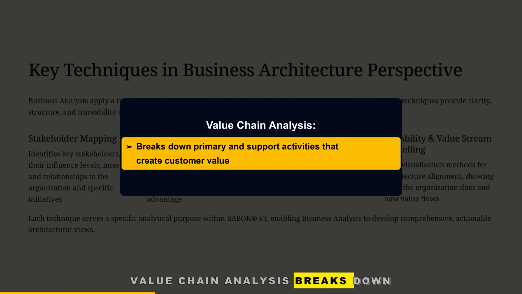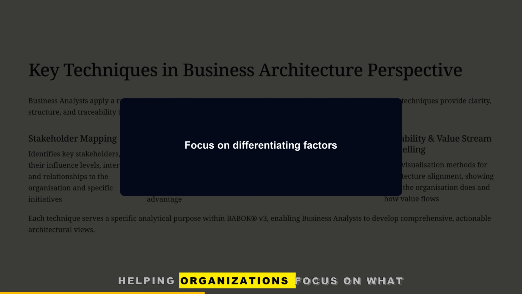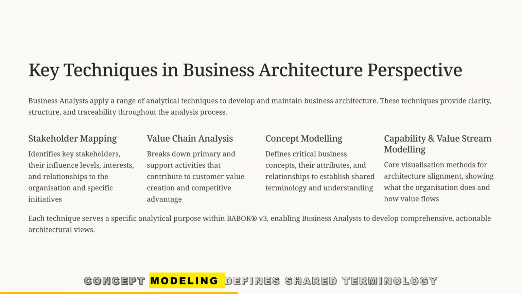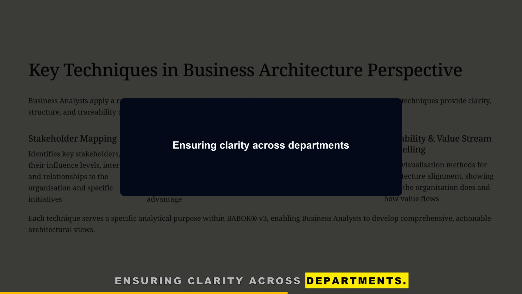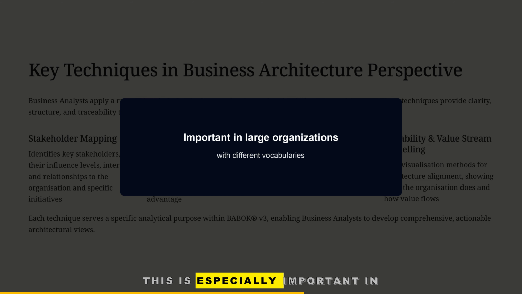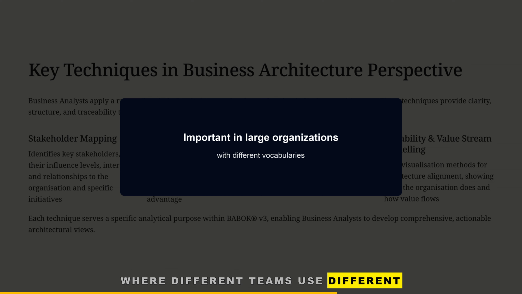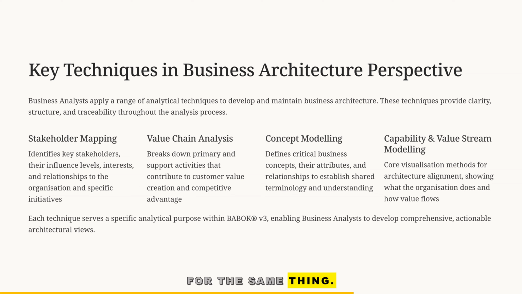Value chain analysis breaks down both primary and support activities that create customer value, helping organizations focus on what truly differentiates them. Concept modeling defines shared terminology and relationships between key ideas, ensuring clarity across departments. This is especially important in large organizations, where different teams use different vocabularies for the same thing.